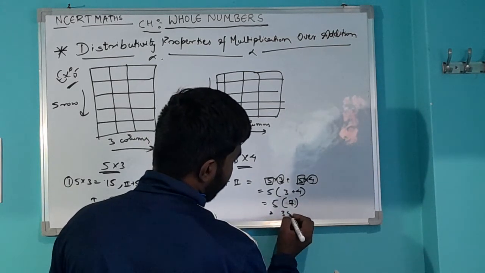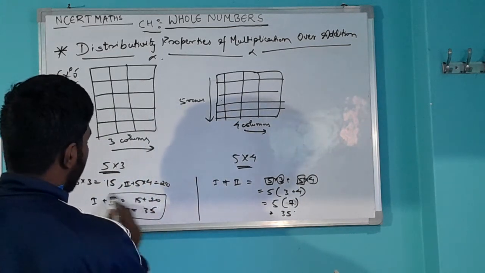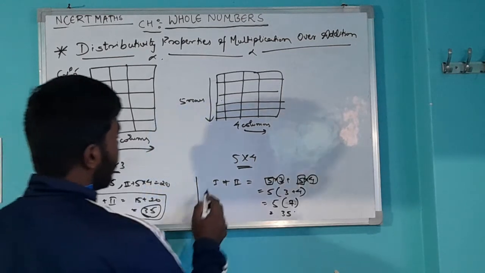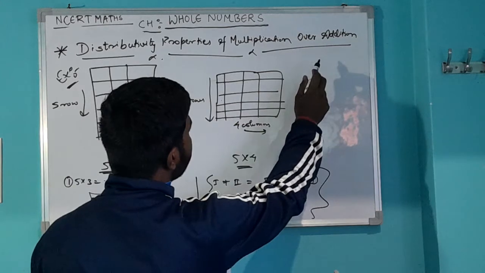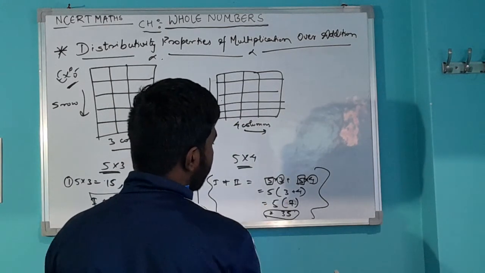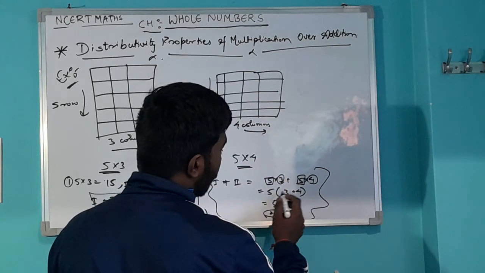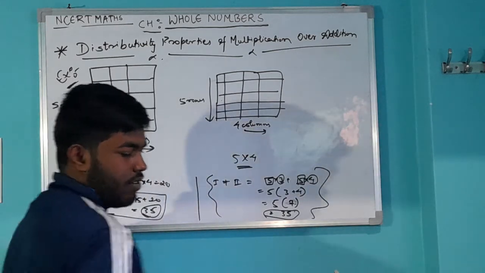Simply we get 35. You see that in our first part, when we add the blocks individually, we get 35, and when we use the distributive property of multiplication over addition, we again get 35. This is all about the distributive property. We only need to see the common term, take it common, and write the remaining parts in brackets, and the answer will come very easily.